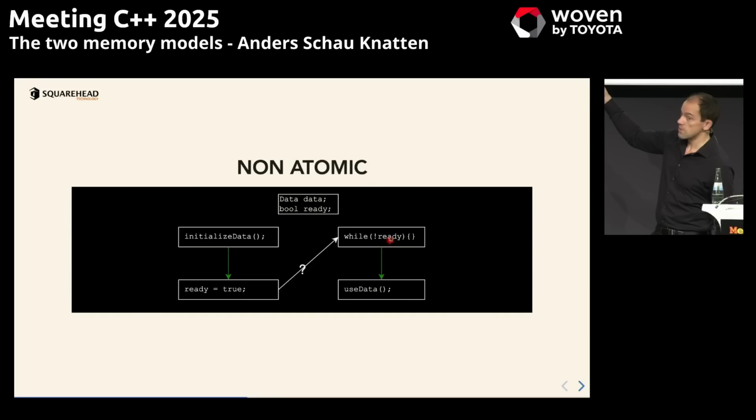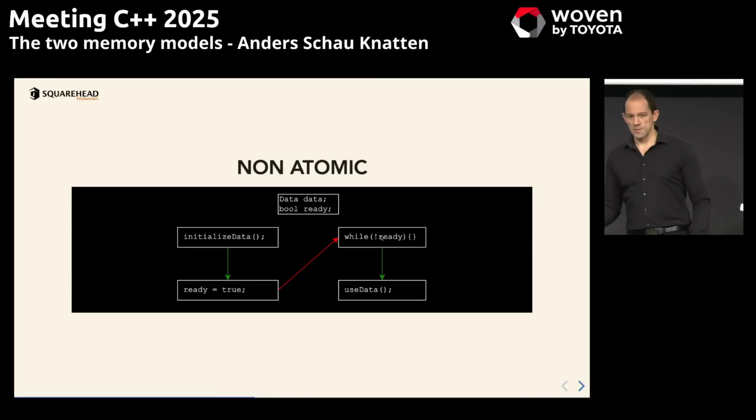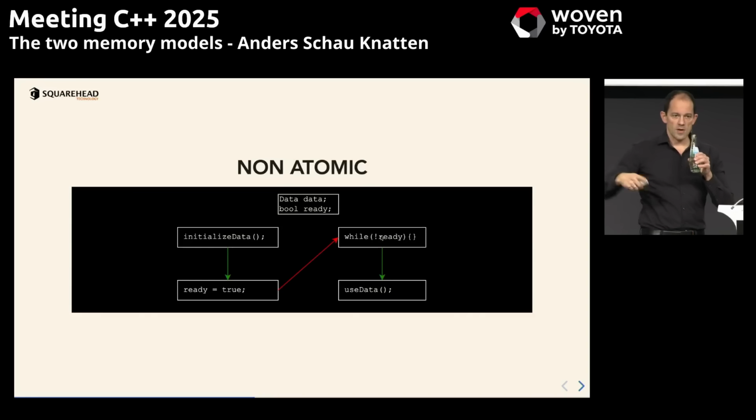This while loop loads the true from this ready flag, so it must have happened before. But it didn't, right? Not according to the memory model. So even though there's no other way, like we actually saw the value that was written by the other thread, it didn't actually happen before according to the memory model. So we have no guarantees about caches and everything else being up to date. So there's no happens before. And then you don't have a green line the entire way, so you don't have the transitive happens before.